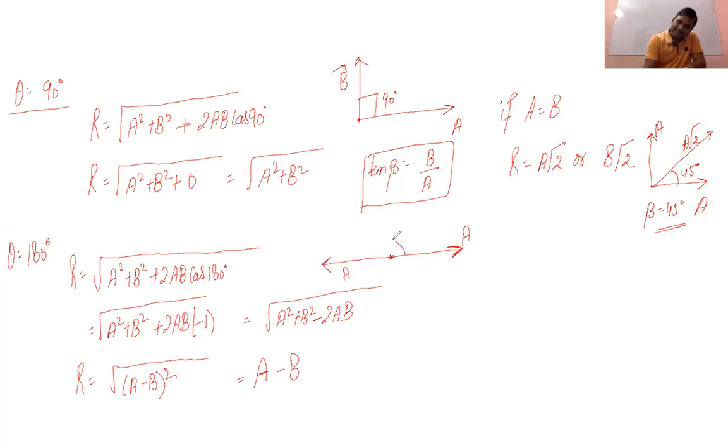These have an angle of 180 degrees, isn't it? Is it clear? So beta in this case will be 0 degrees, meaning it will be along the larger vector.